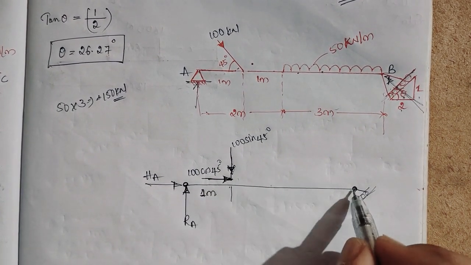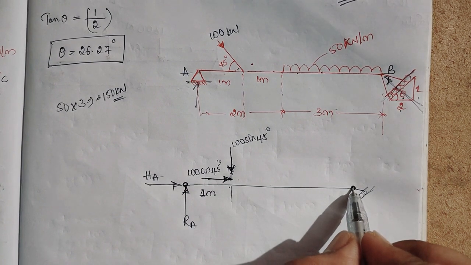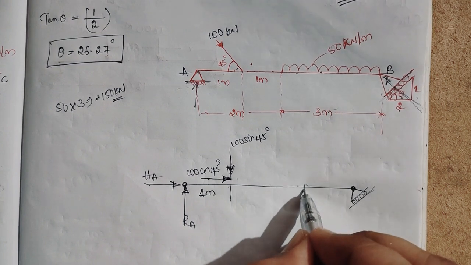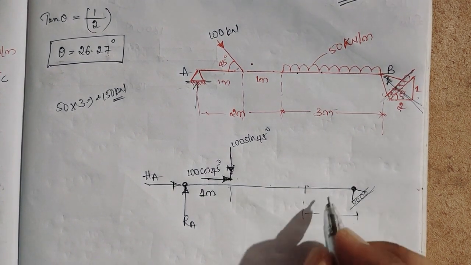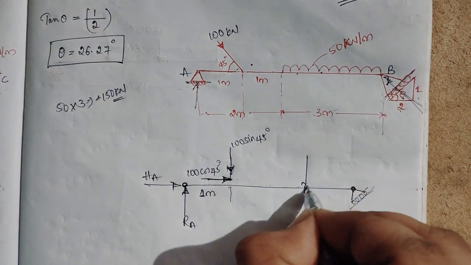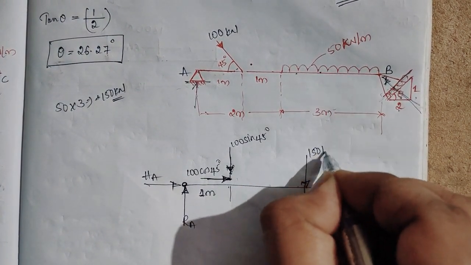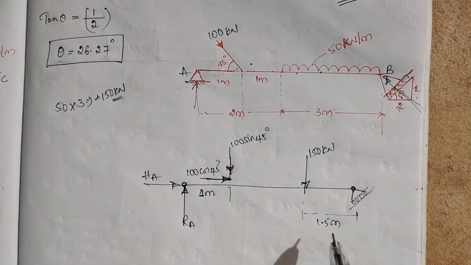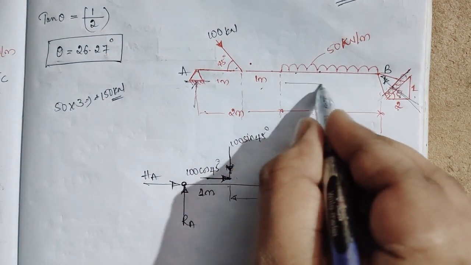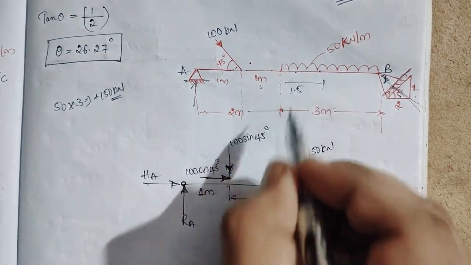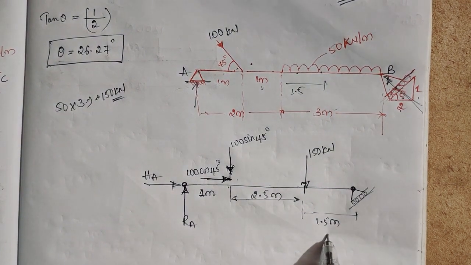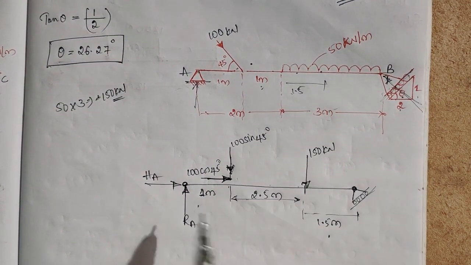Okay, then at a distance of 1.5 meter from here, we have 1 point load of 150 kilonewton, right? So what about this distance? This is 1 meter plus 1.5 meter, that is 2.5 meter. 2.5 meter, this is 1.5 meter, this is 1 meter.